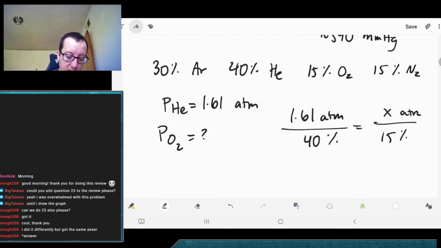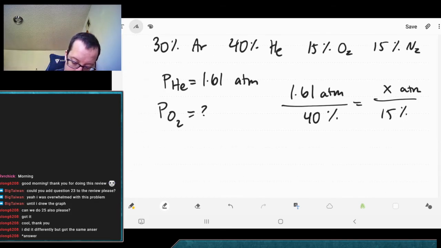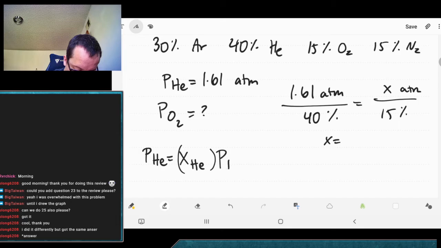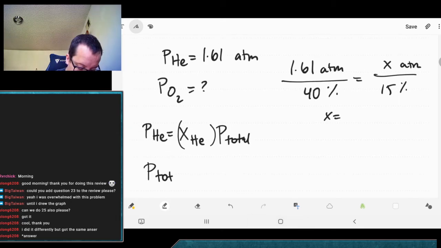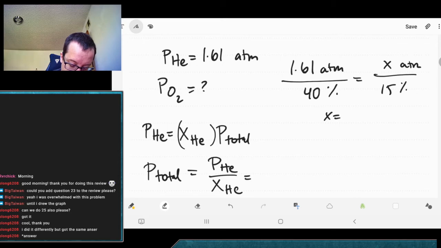Or if we wanted to be a bit more systematic about it, we could do it this way. The partial pressure of helium is equal to the mole fraction of helium times the total pressure. So the total pressure is the partial pressure of helium over the mole fraction of helium.